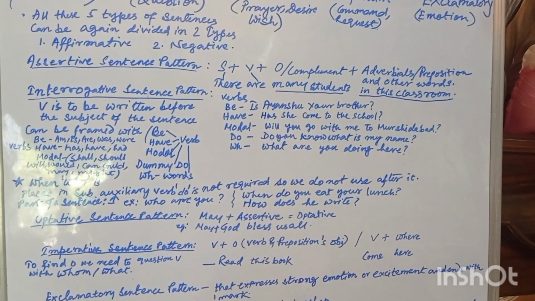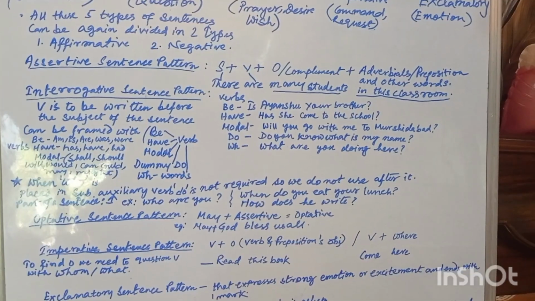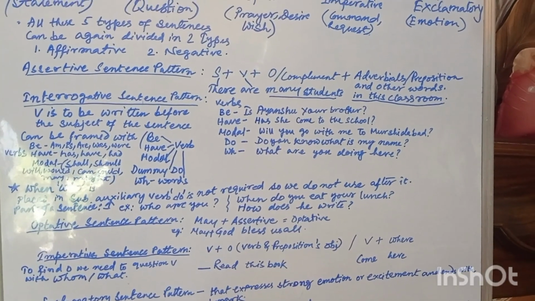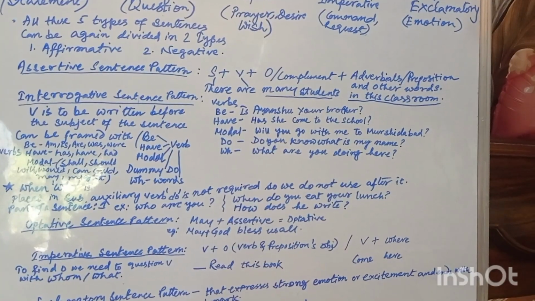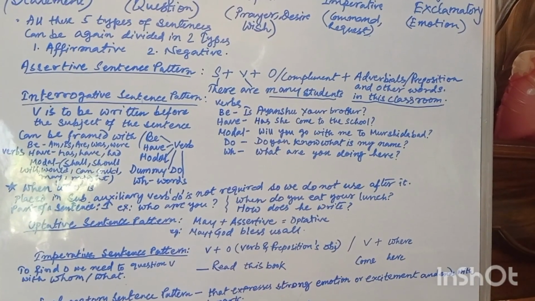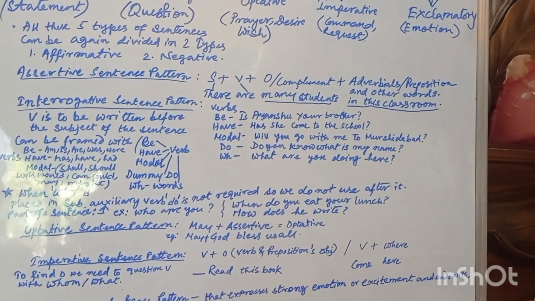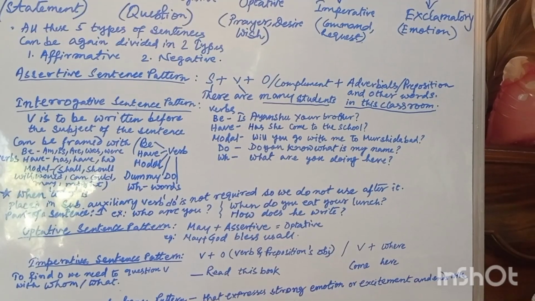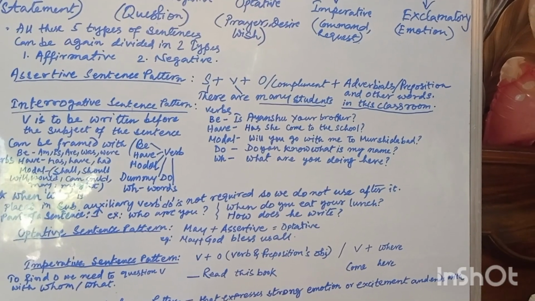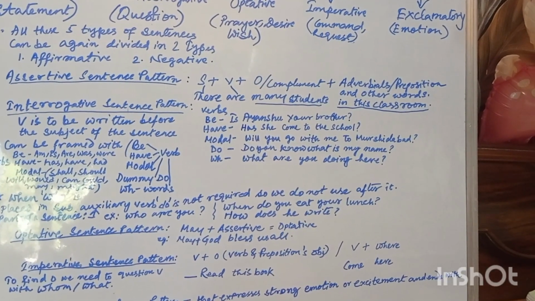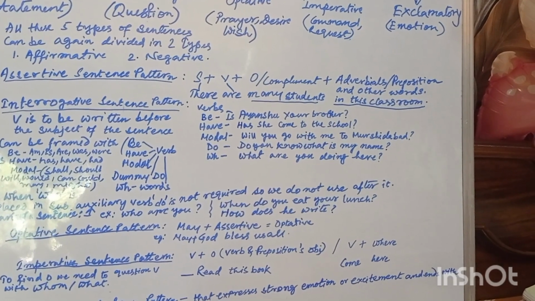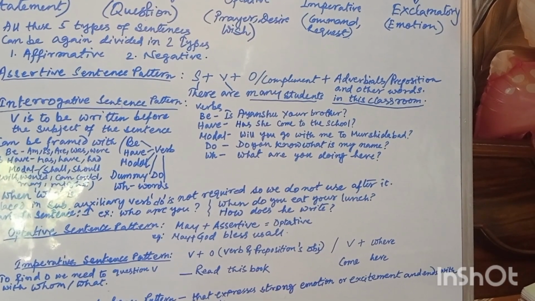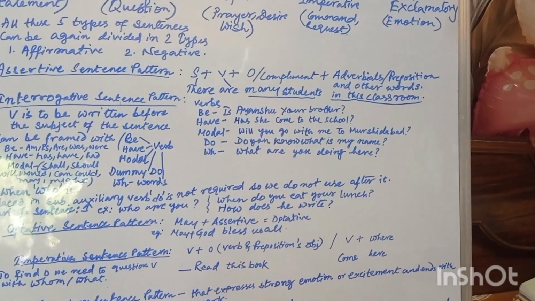Next is the interrogative sentence pattern we will follow. To frame an interrogative sentence, we need verbs, isn't it? So here I have written, as you can see, that the verb is to be written before the subject of the sentence. And to frame interrogative sentences, the verbs we can use are am, is, are, was, were. For have verb we can use has, have, had.